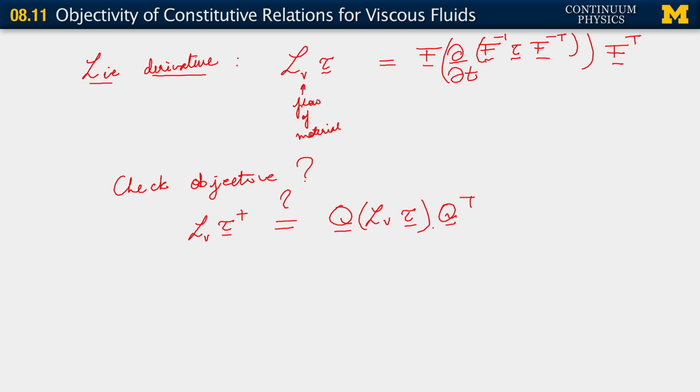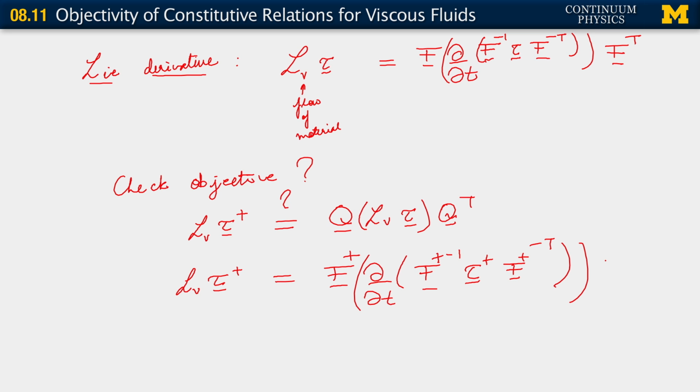Okay, let's check this. At the end of the last segment, we had established that the Lie derivative of tau plus is essentially F plus, the time derivative of F plus inverse tau plus F plus inverse transpose, okay, and the whole thing pushed all the way forward.